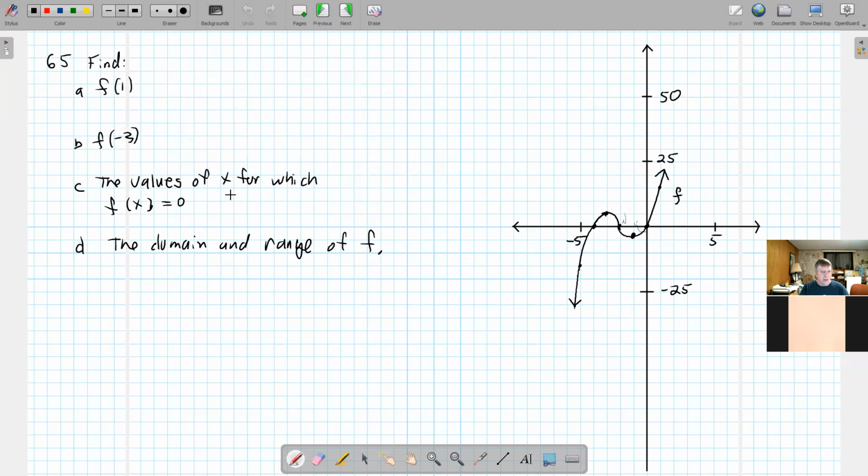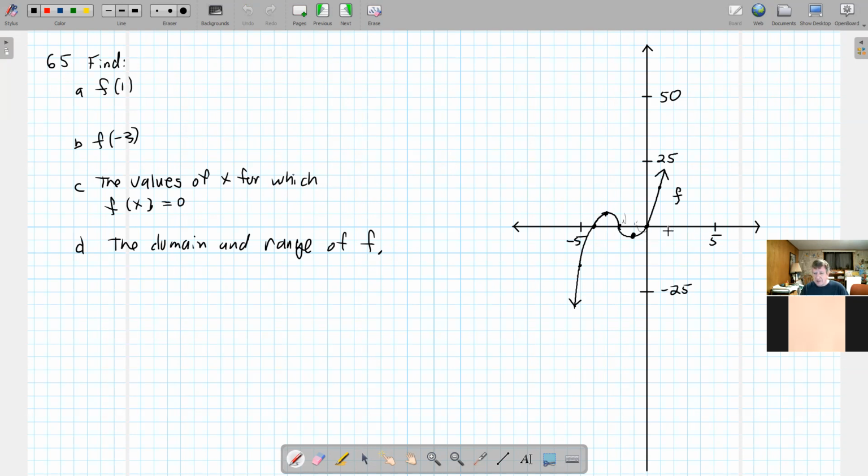Now we're going to sort of combine those two different kinds of questions. Find f of 1. Oh, but look here, the scale has changed, so be careful of that. On the x-axis, 1 square is 1 unit. When I don't label it like I did in the previous ones, you can always assume 1 square is 1 unit. But if it's anything different from that, you better label it.